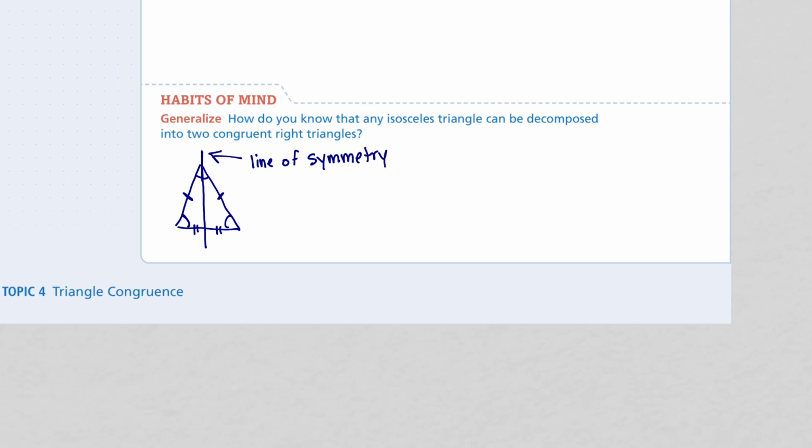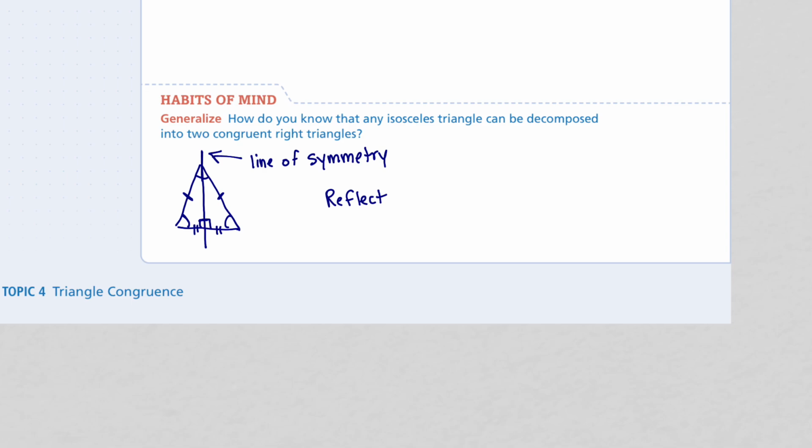We can reflect this right triangle using the line of symmetry. And we see that one of the triangles overlaps the other. And if there's a series of rigid motions that maps one onto the other, we know that the triangles would be congruent.